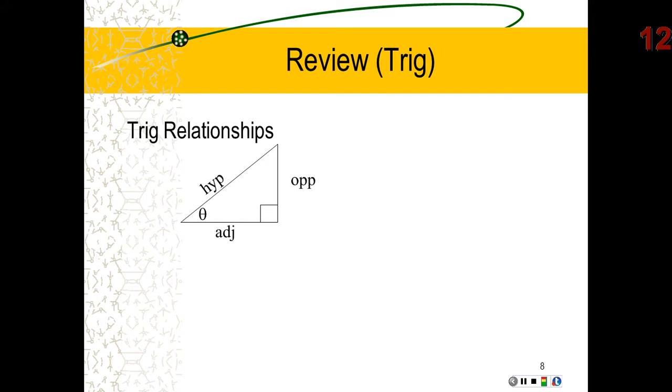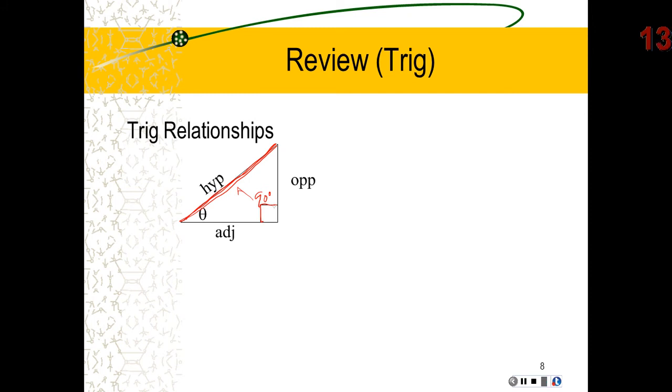And so say we have a right triangle, which means we have a 90-degree angle. This triangle will have a hypotenuse. The hypotenuse is directly across from the 90 degrees, abbreviated HYP.